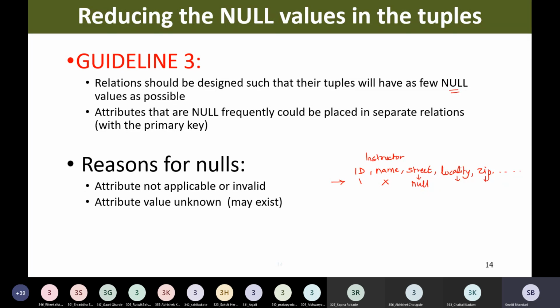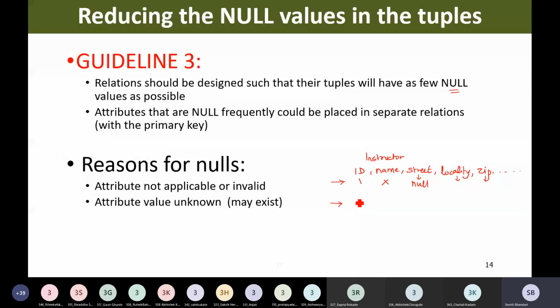In the nulls. Second is the attribute value is unknown, but that may exist. So what does this mean? Attribute value is unknown, but that may exist. Meaning, whenever we are inserting the data into a relation, we are not knowing the value for that attribute.